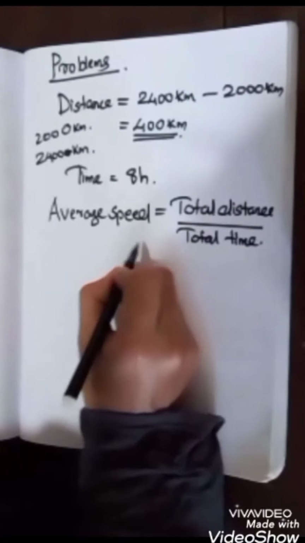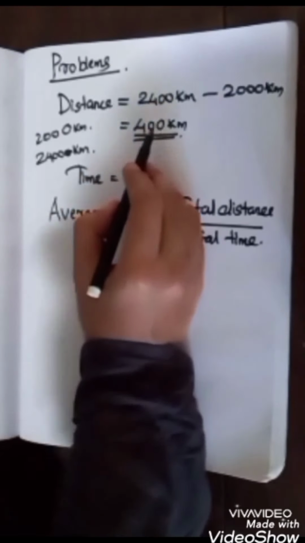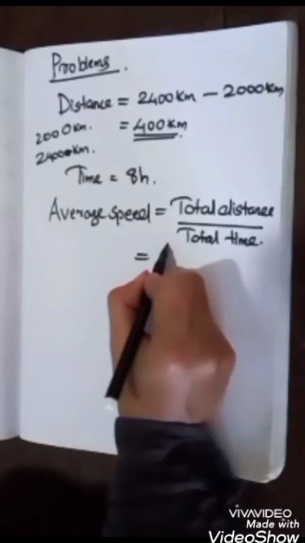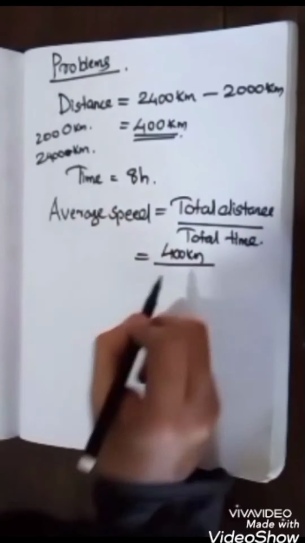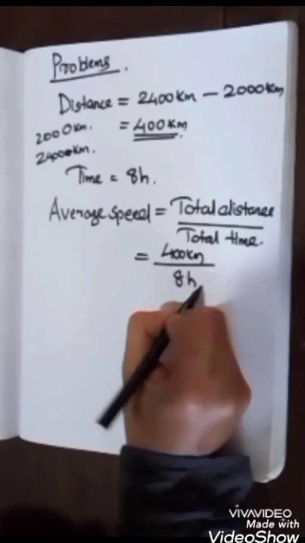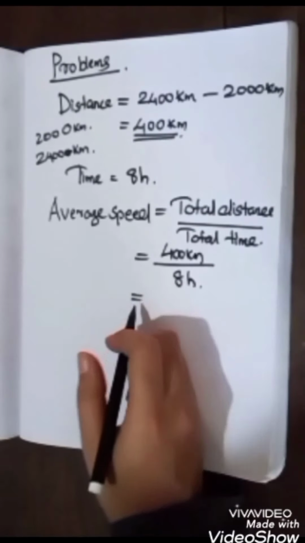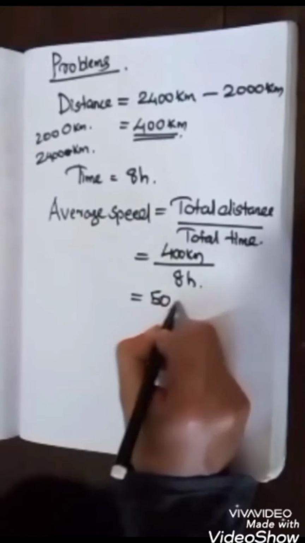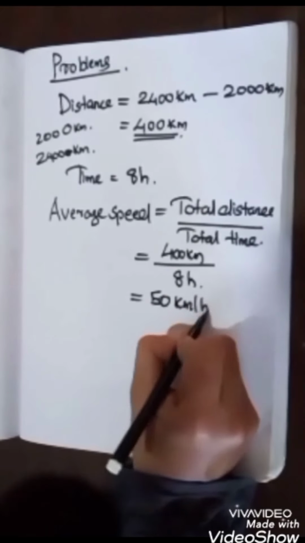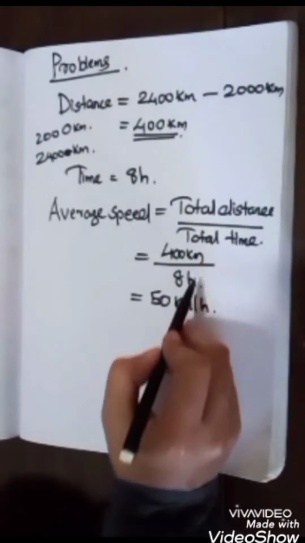Here the total distance is 400 km. The time is 8 hours. Then the answer will be 400 by 8, it is 50 kilometer per hour. The unit is kilometer per hour.